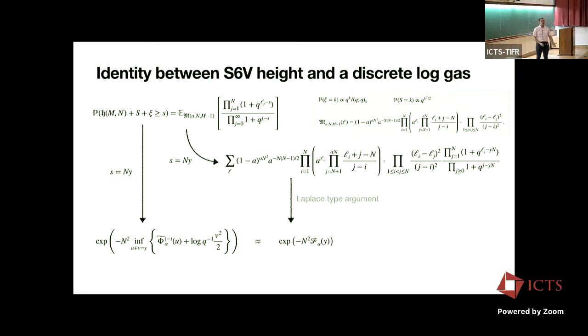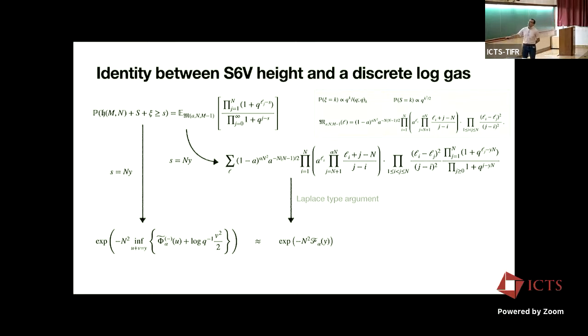Products will turn into sums, sums will turn into integrals, triangular products will become double integrals, and this term here is going to become the linear potential that we have seen before.